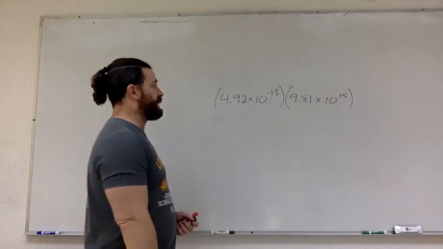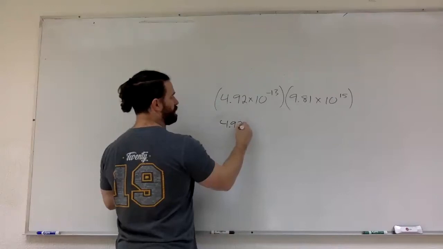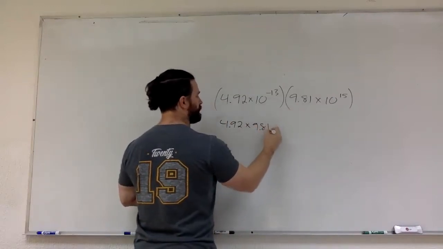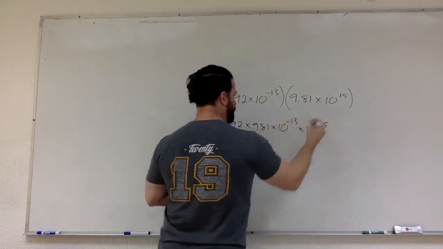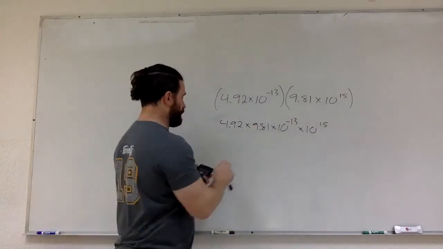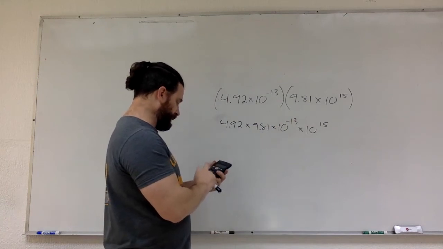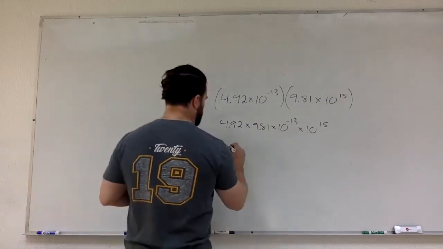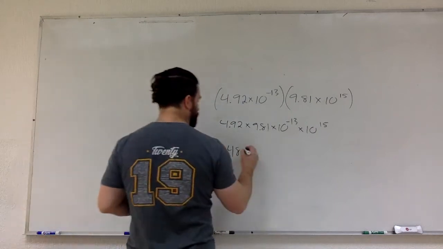So again, step 1, if you want, you can rewrite everything by rearranging the numbers. So 4.92 times 9.81 times 10 to the negative 13 times 10 to the 15th. After that, grab your calculator. Let's multiply the numbers here. So 4.92 times 9.81. That's 48.2652.